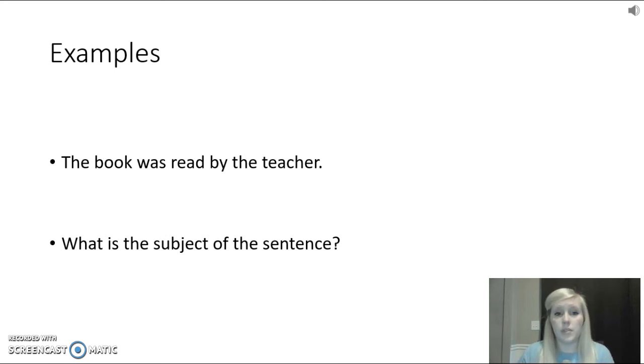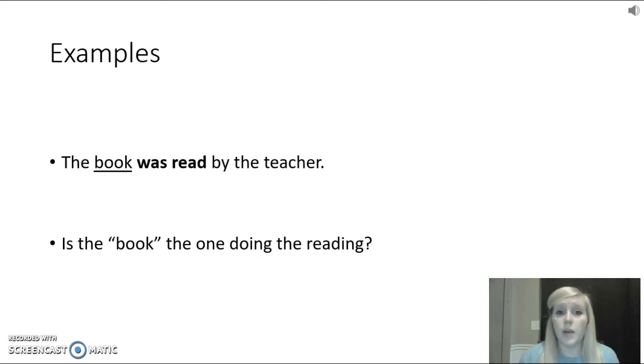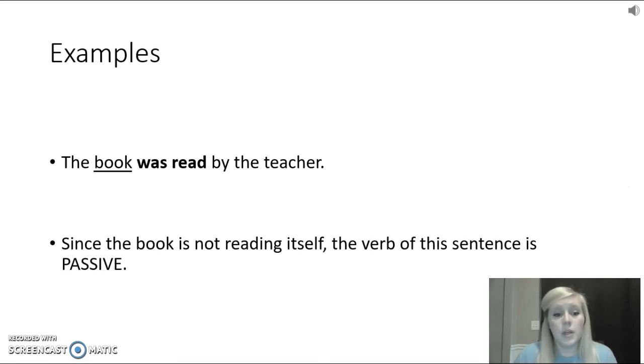Here's another example sentence. The book was read by the teacher. What's the subject of the sentence? It's book. What's the verb? Was read. Now we ask, is the book, the subject of the sentence, the one doing the reading? No. The book is not reading itself, so the verb of this sentence is passive.